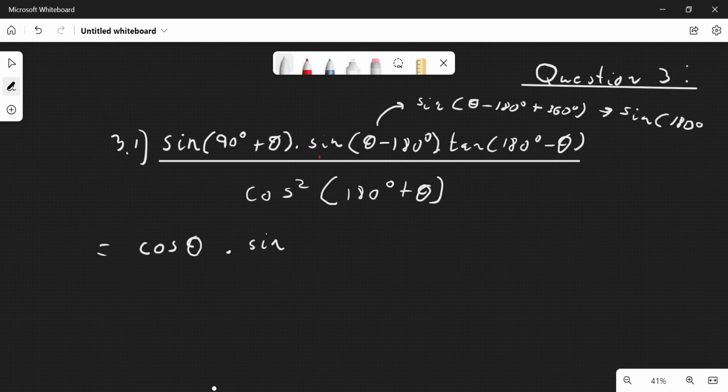And 180 plus theta is the third quadrant, and sine is negative in that quadrant. So we have negative sine theta.